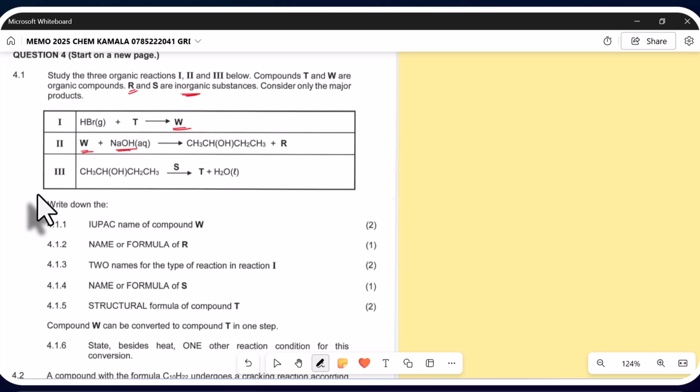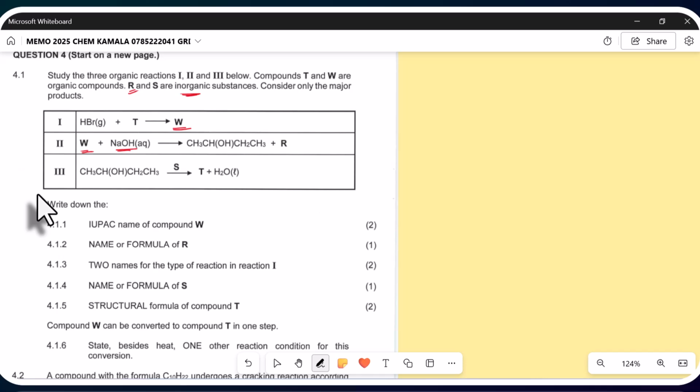And then they say the two names for reaction 1. Now reaction 1 here, as you can see, because this one is the alkane, this must have been an alkene for T. So the alkene plus HBr is called an addition reaction. We can say addition reaction here.